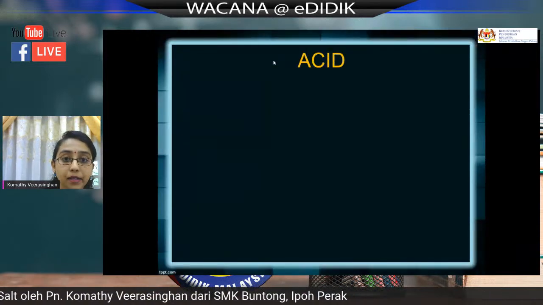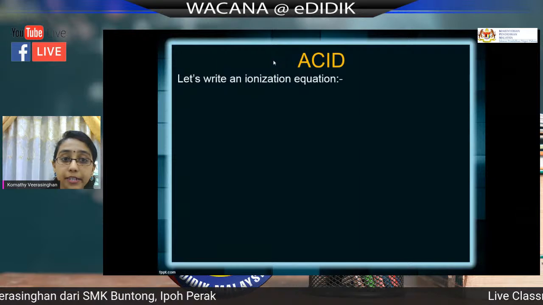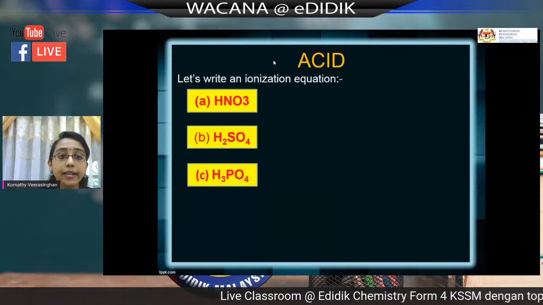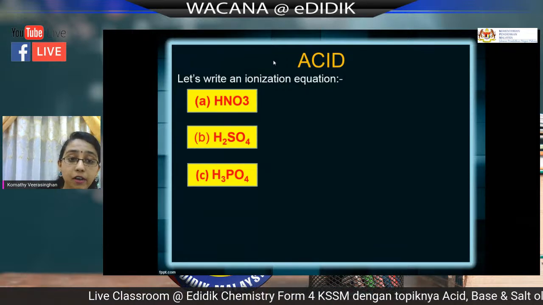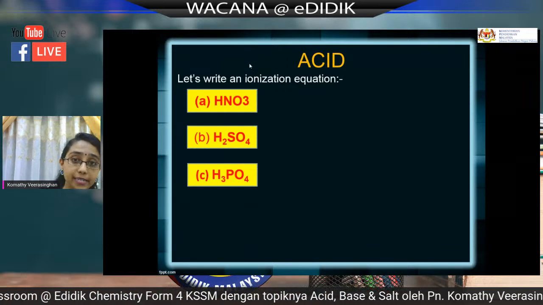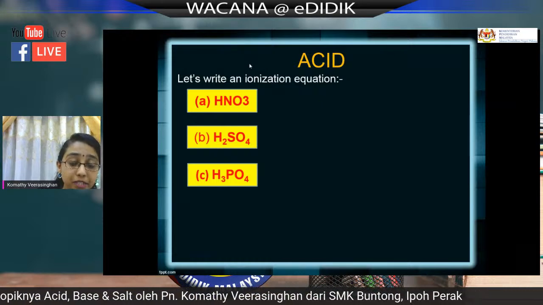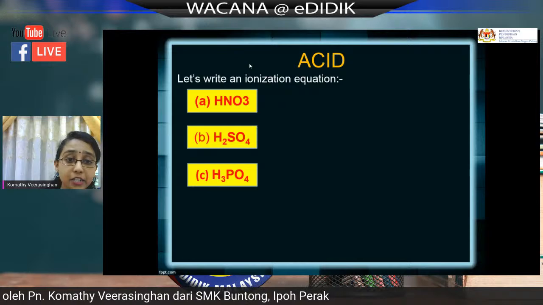Now, as I told you just now, get yourself prepared with paper and a writing tool. Let's write an ionization equation for these three respective acids. I give you about 1 or 2 minutes. Can you try to do the ionization equation?